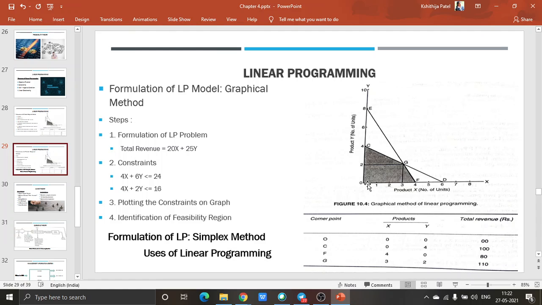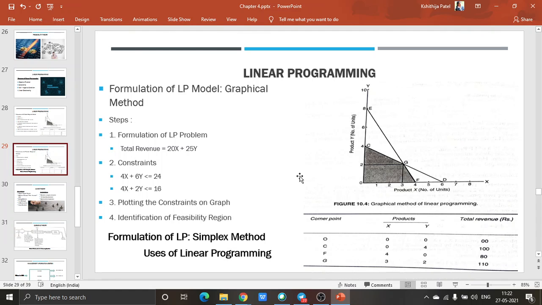Now the optimum combination of the two products would lie on one of the corners of OCGF.